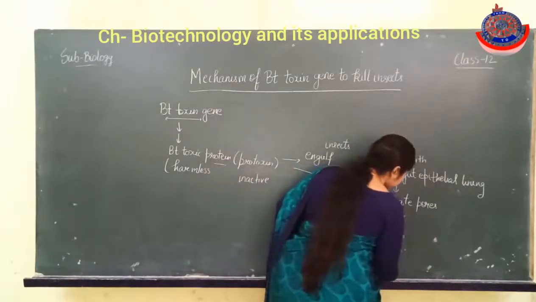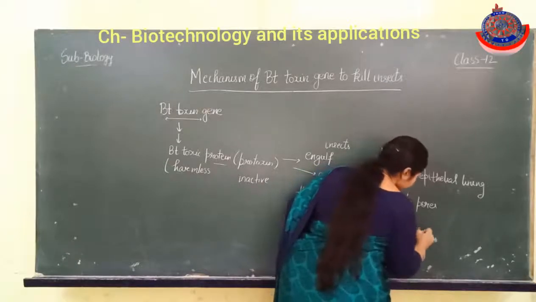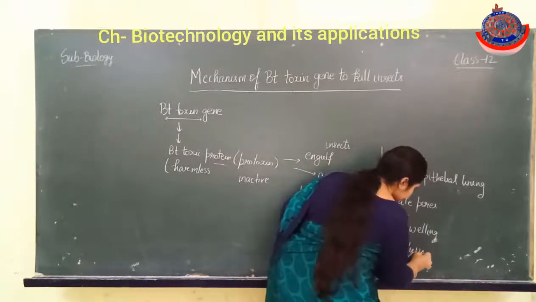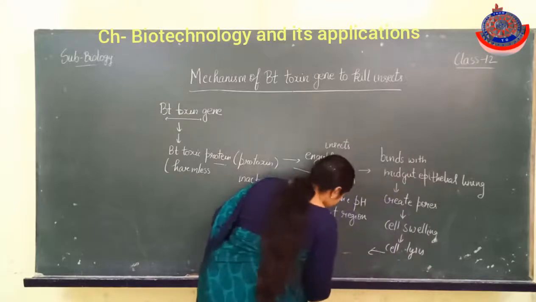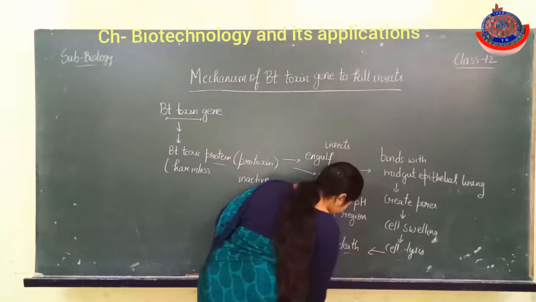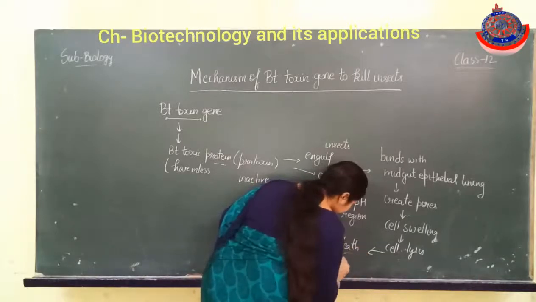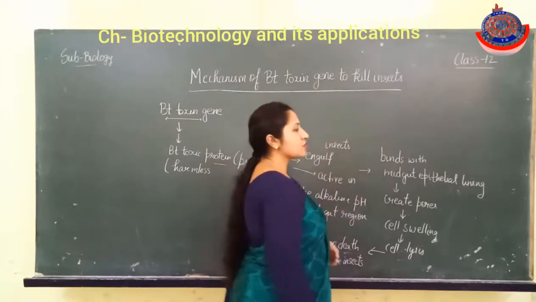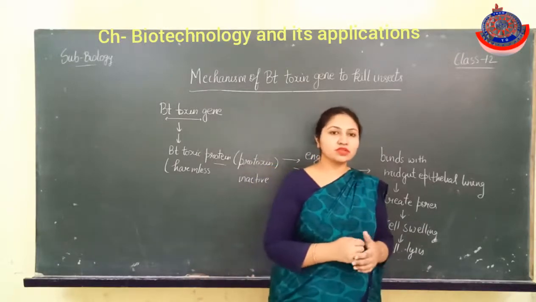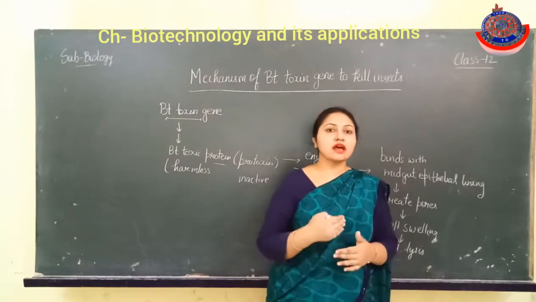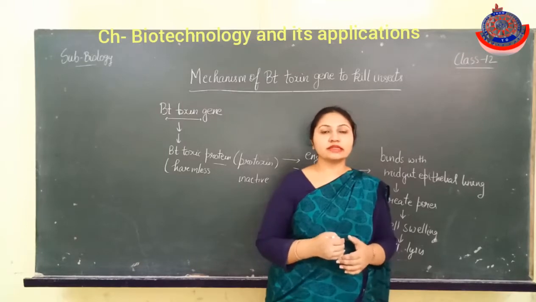Cell swelling will be there, and then cell lysis, and then ultimately it causes death of the insects. So in this manner, this BT toxin gene produces the toxic protein which is harmful for the insects or which can kill the insects.